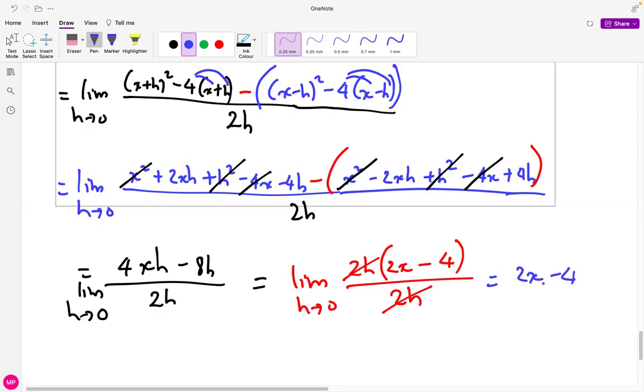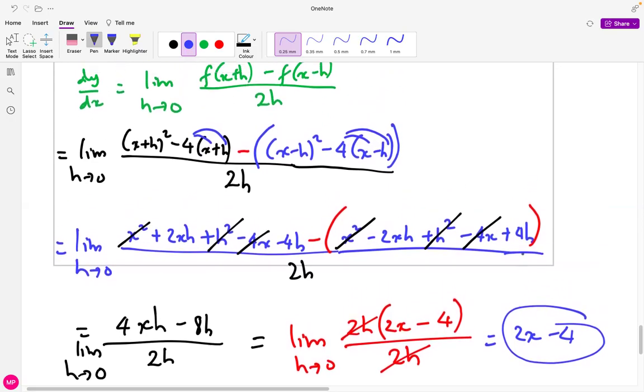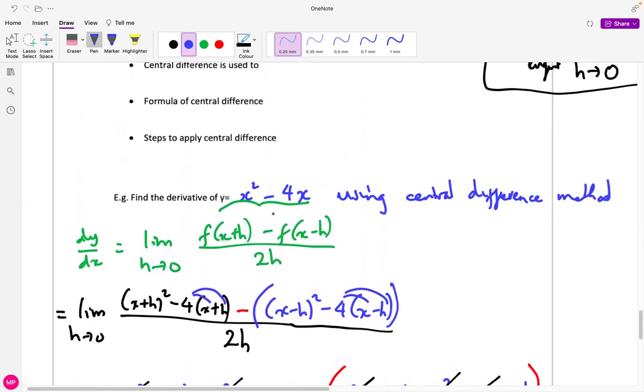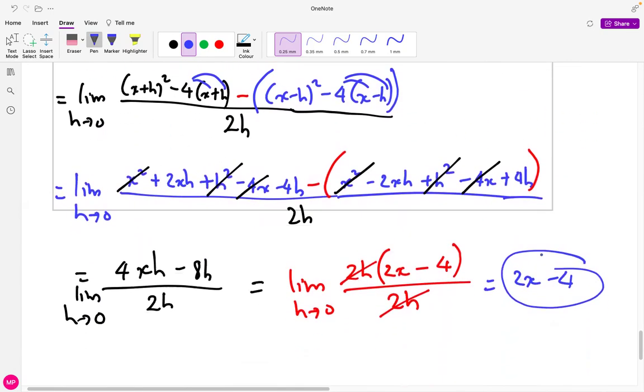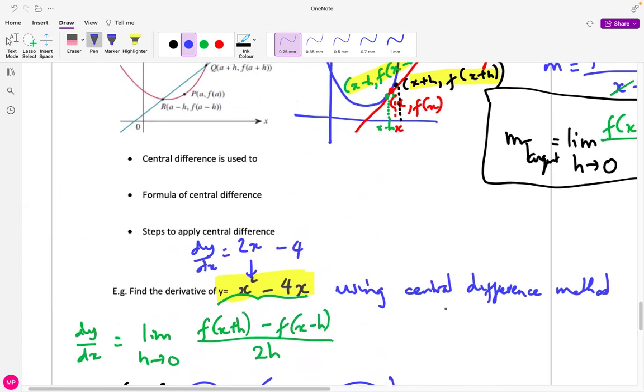And h equals 0, you can't substitute anywhere there. So there you go, that's the answer for this question. And as we said earlier, we can clearly see the answer if we just use the derivative formula: the derivative of x squared is 2x, and the derivative of minus 4x is minus 4, which is exactly what we got. But in some questions, they want you to apply the specific method.